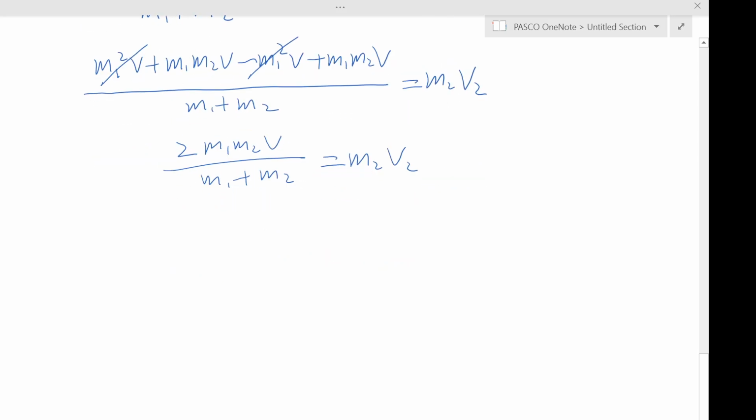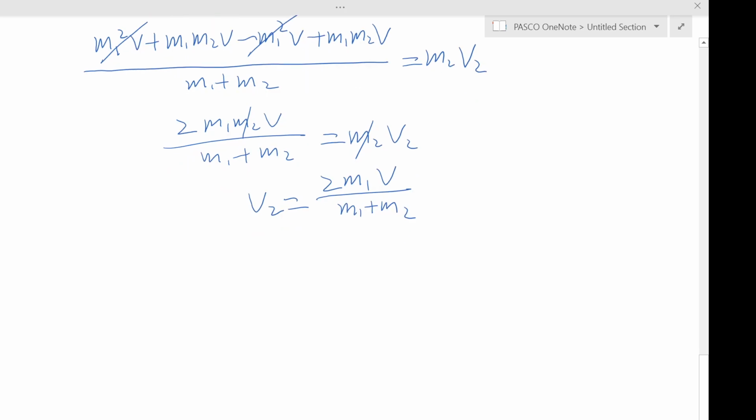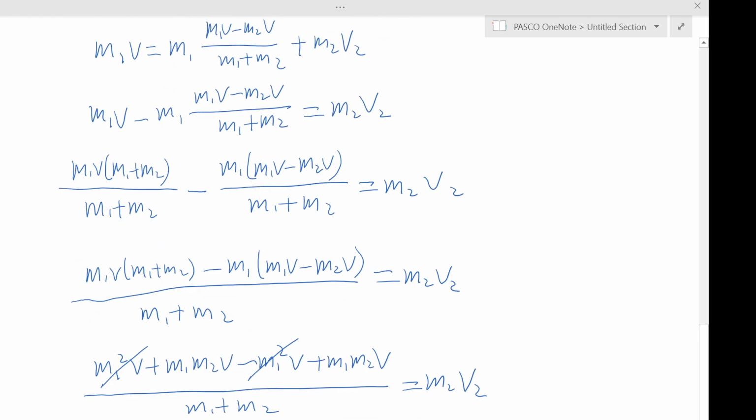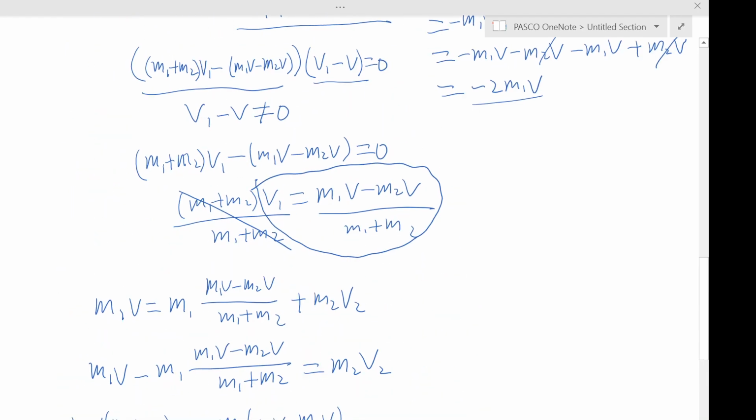Well, looks good, right? Because now you can cancel out m2. Now you get v2 by itself, and on the right you have 2m1v over m1 plus m2. Good. So we have v2 represented by v, and here we have v1 represented by v.